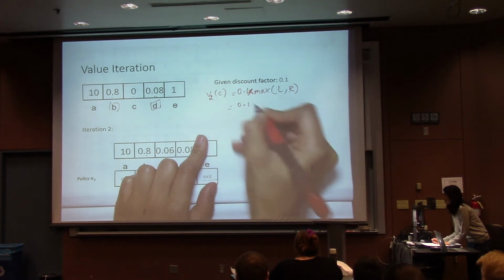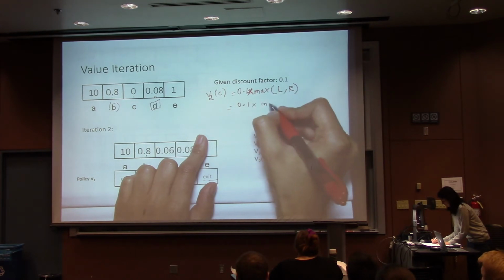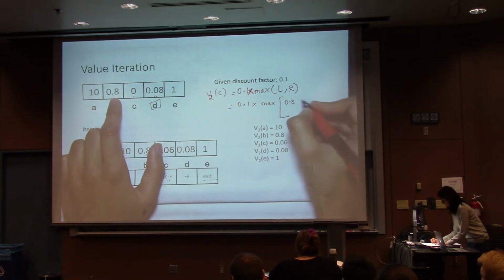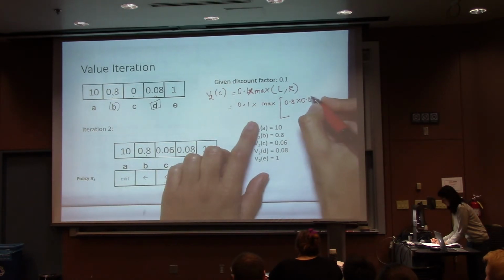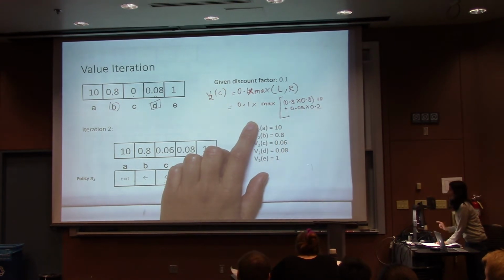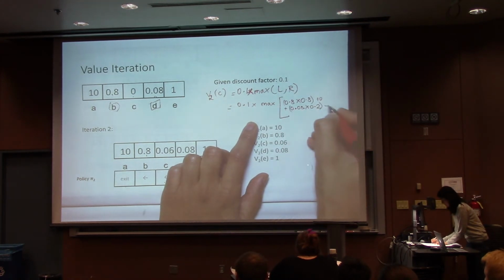So 0.1 into max of, you have 0.8, which is the reward, into 0.8 probability, plus the immediate reward, which is 0, plus 0.08 into 0.2, which is the right probability, plus 0.